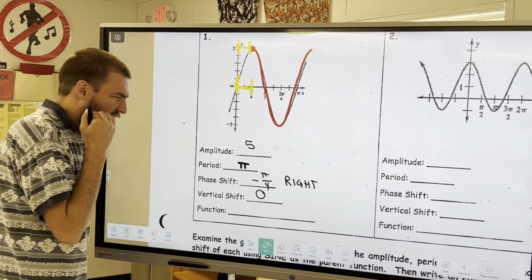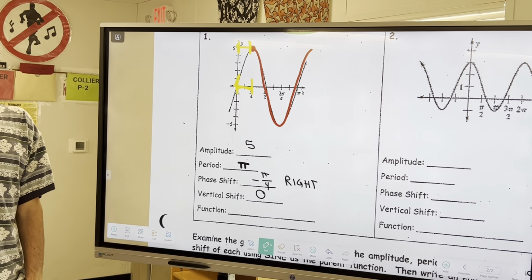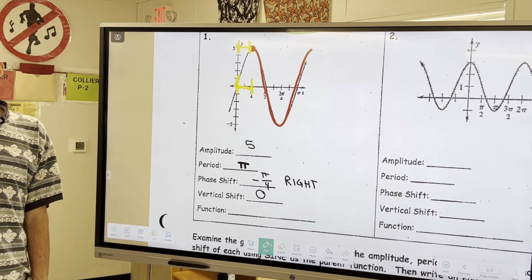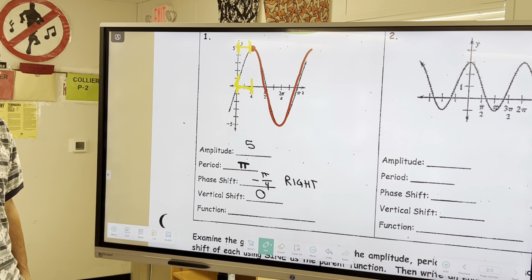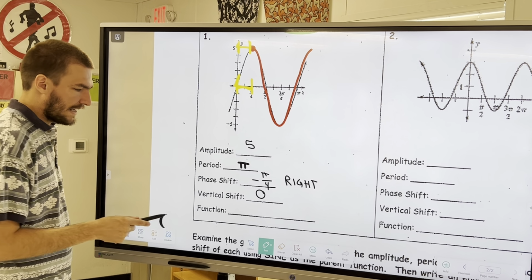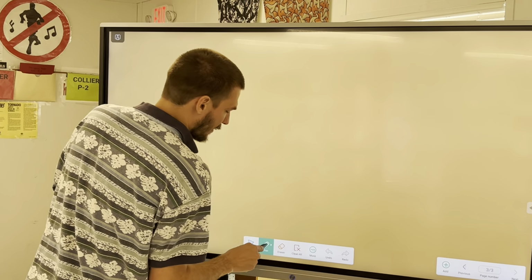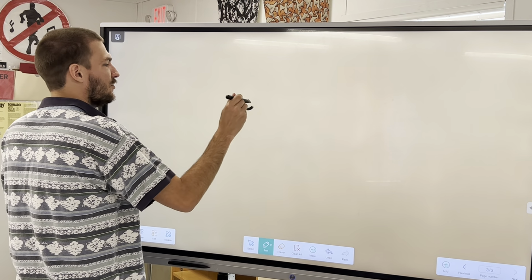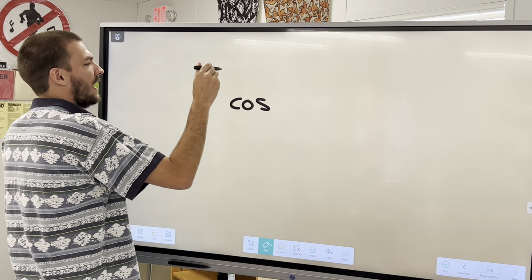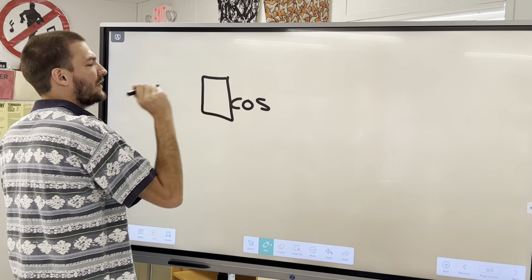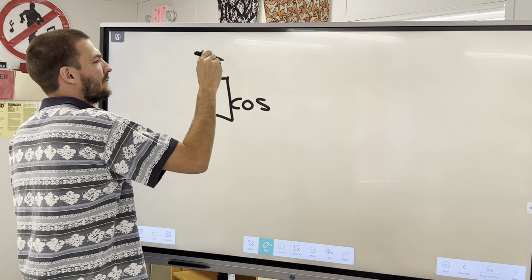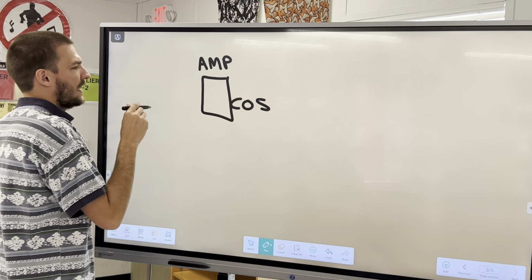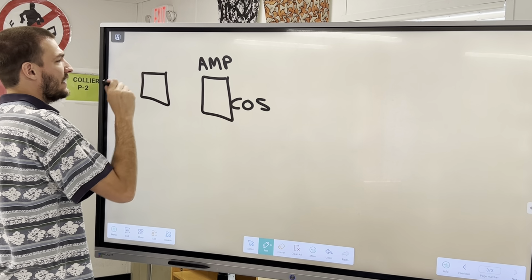Now, coming up with the function here, putting all this together, can be legitimately pretty tricky, okay? What we're thinking about is that with a cosine, a number can go here. This is your amplitude. A number can go here.